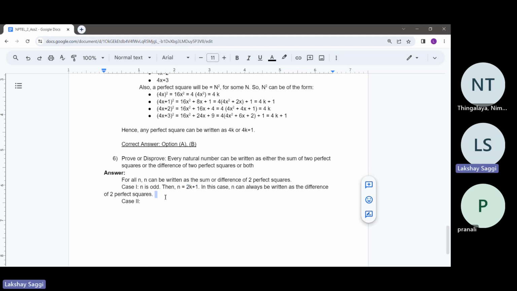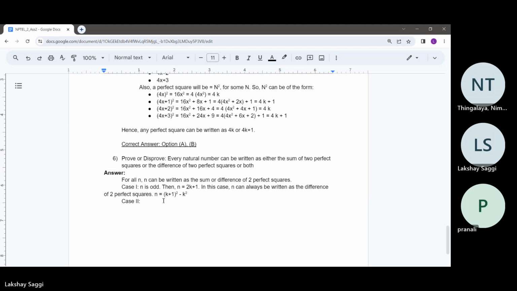Since we are a bit short on time, I'll just give you this and maybe you can think about it later. So the two numbers are basically: n equals k plus 1 whole square minus k square.